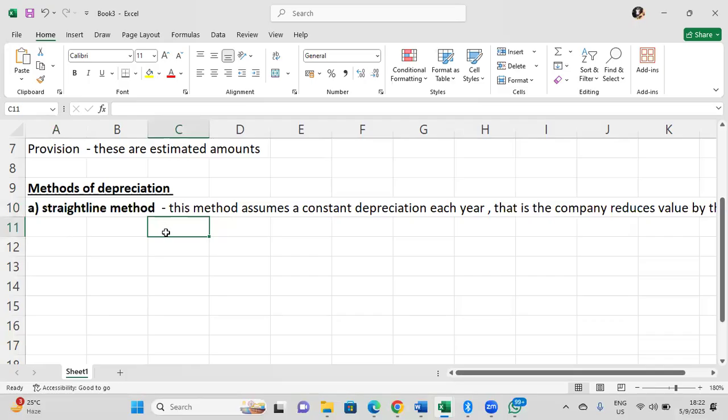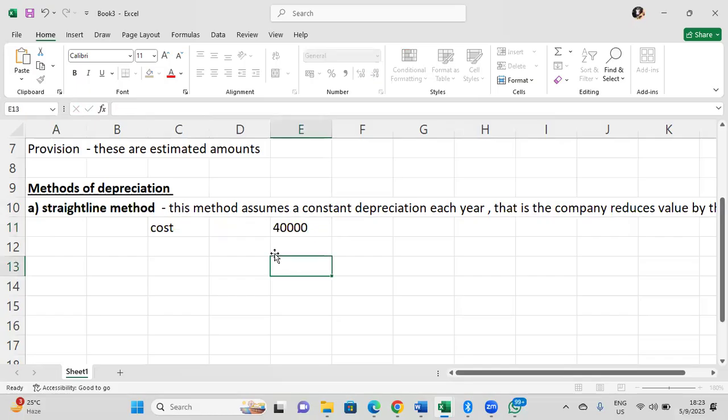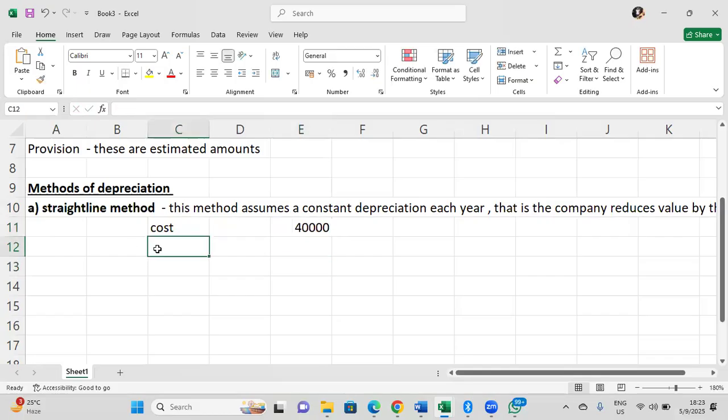If you are to buy an asset, let's say at a cost of 40,000, and you are expecting to use that asset for a period of 10 years, the straight line says the asset is going to reduce value by the same amount.